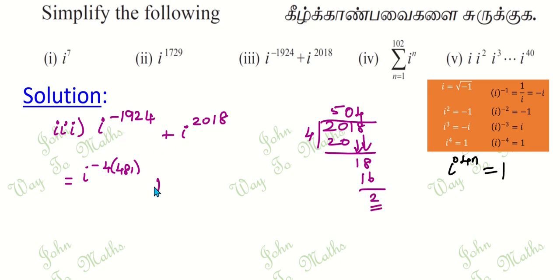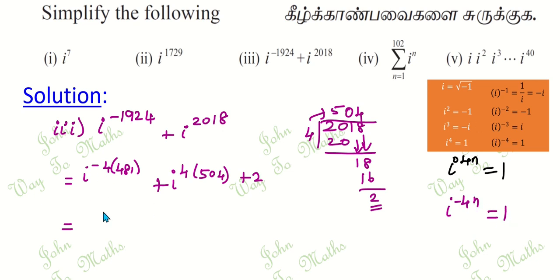So plus i power 4 times 504 plus remainder 2. i power minus 4n is also 1 from the result.